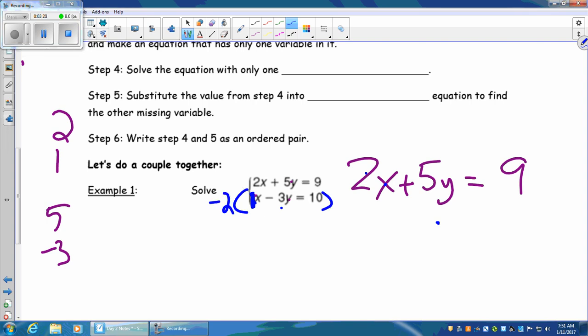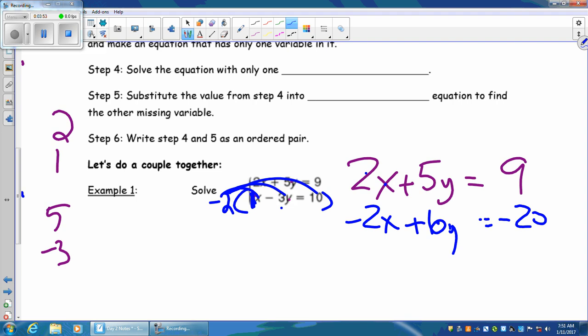Because what's 1 times -2? -2x. And you can do that under one condition. You can do that if you multiply that -2 not just to that x, but to everything in that bottom equation. So instead of the next term being -3y, it's +6y. And instead of that last term being 10, it's -20. So that's what step 2 is.